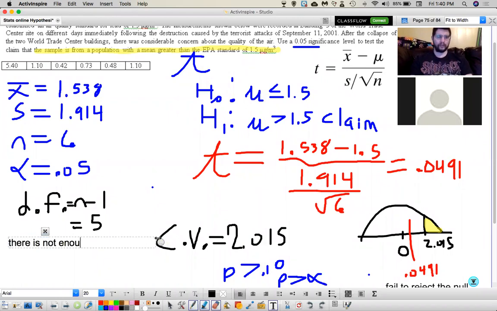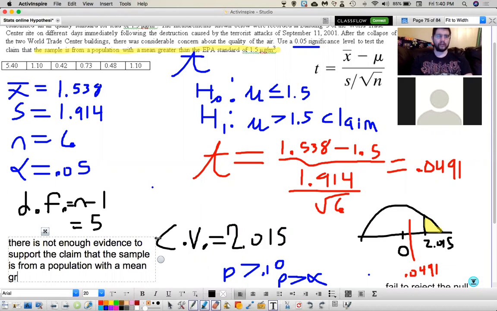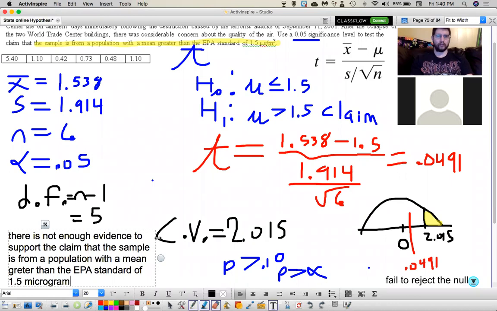There is not enough evidence to support the claim that the sample is from a population with a mean greater than the EPA standard of 1.5 micrograms per cubic meter. So that would be the conclusion, and that would be the answer.